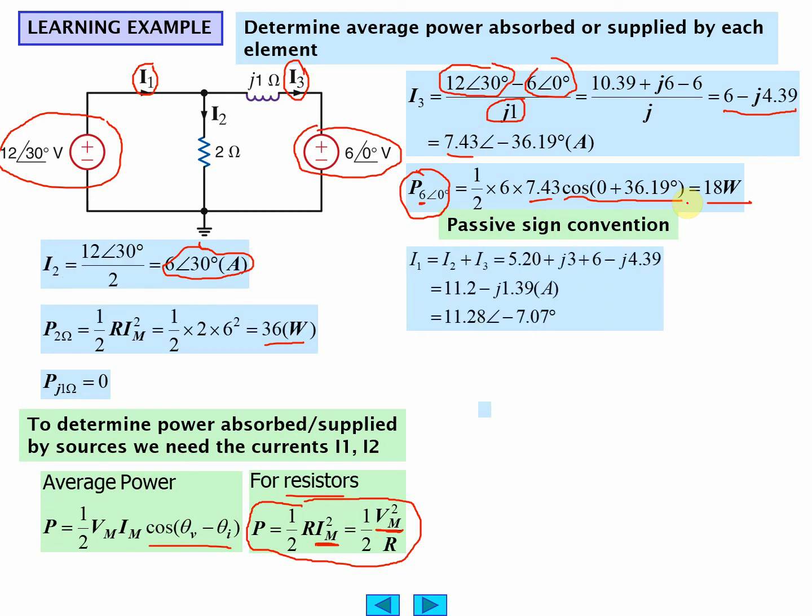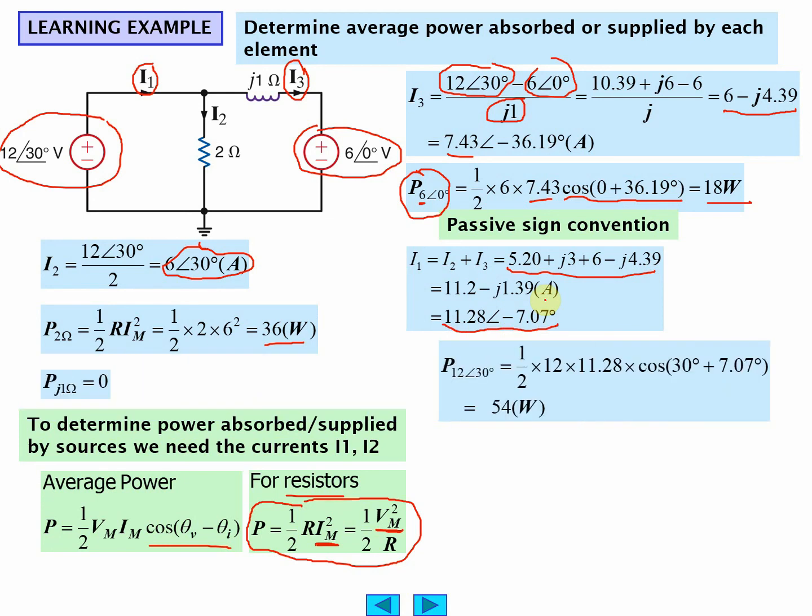Now, I1 is, we have I3 and we have I2, so we just can add them together to get this result. The power then is just 1/2 times the maximum voltage, maximum current, cosine of the difference between the angles. We have a negative sign here, by the way, so that'll add up.